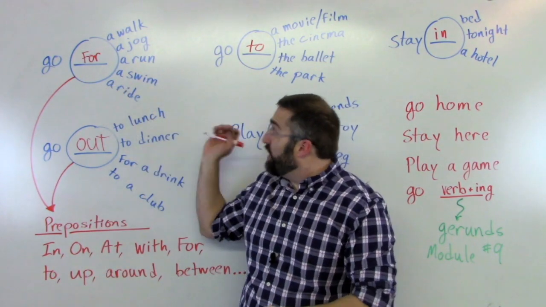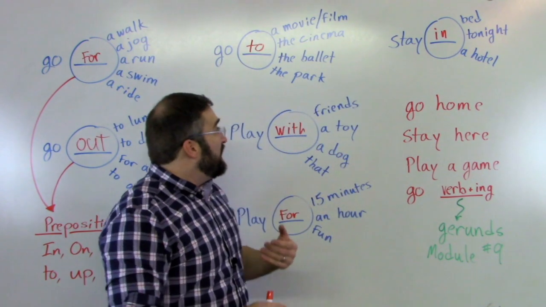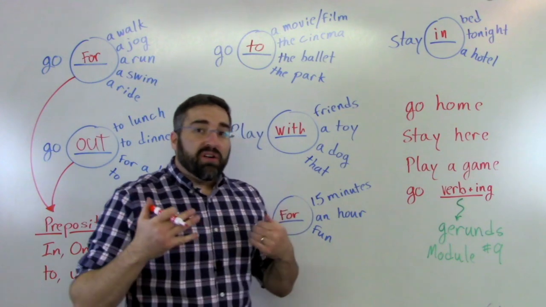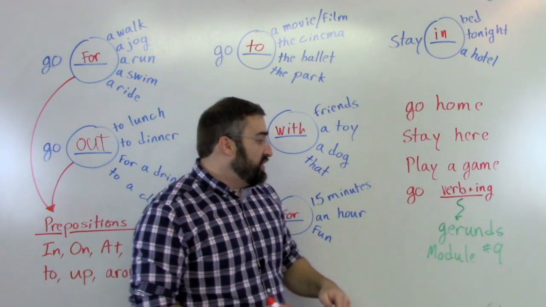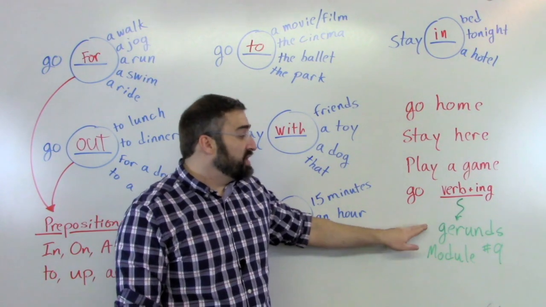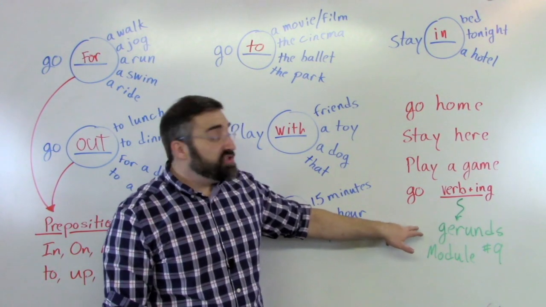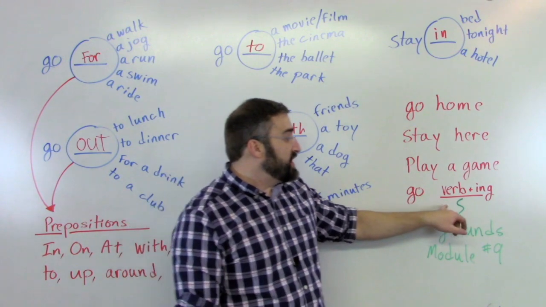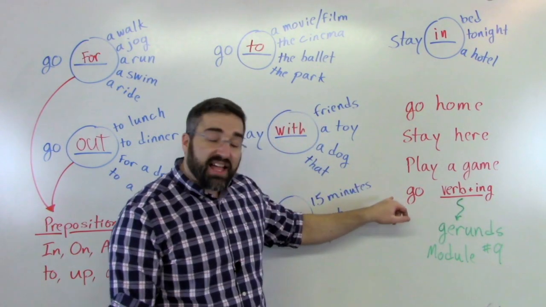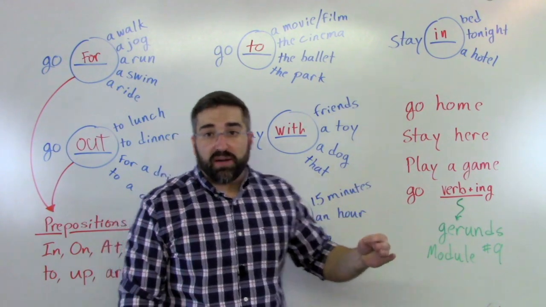Looking at all of these with go, right? Go for, go out, go to. We have some others, I'm sure, with go, but we're going to learn soon enough in module number 9. In module number 9, we're going to learn about gerunds, and when to use a verb plus ing in some instances. And we often say things like go with ing.